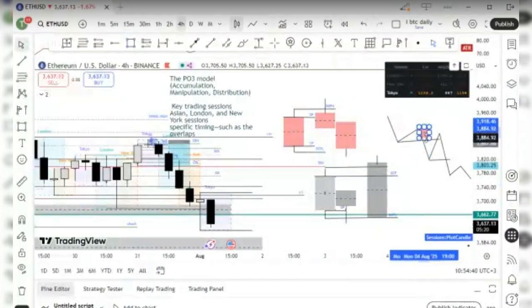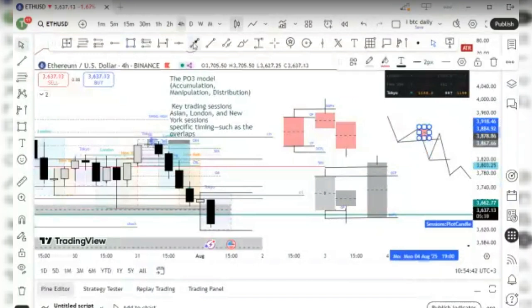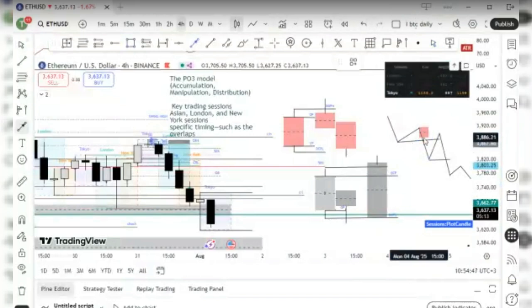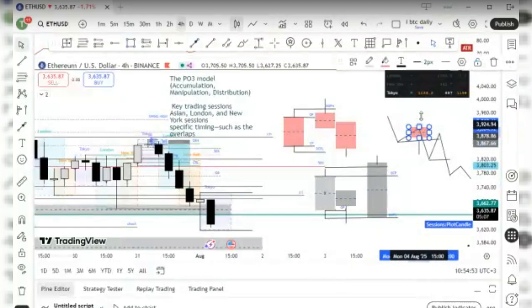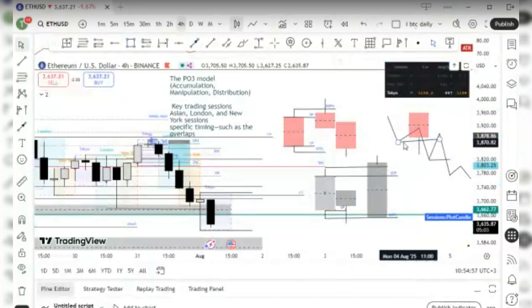It should not be like this. It has to be by the full body to break the low. The low should be broken.